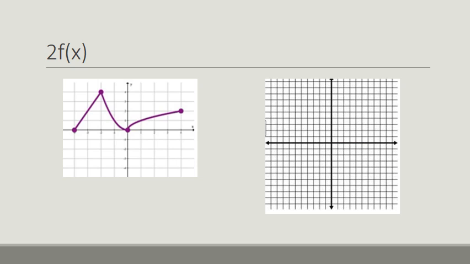Now, 2 on the outside is going to make my function twice as high, so you're going to multiply your y values by 2. The point negative 4, 0, I'm just multiplying that, stays at 0. But the point negative 2, 4 becomes negative 2, 8.